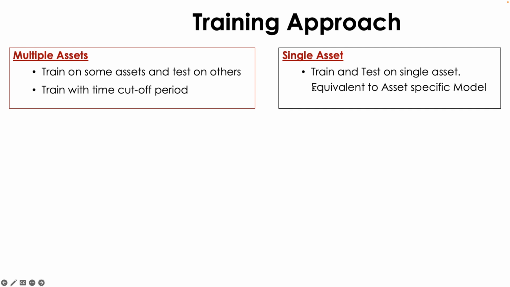And then a single asset. What I mean by single asset here is that the market behavior of Bitcoin and other assets are different, right? Bitcoin has been in the digital asset space for a very long while, and the volatility now is still high, but it's not as high as other assets.